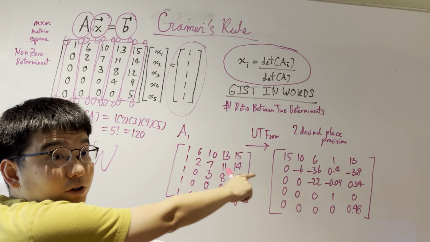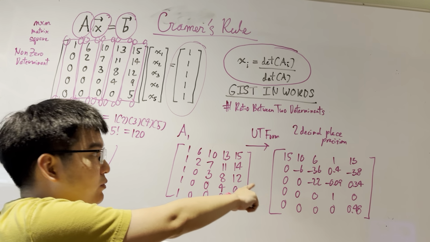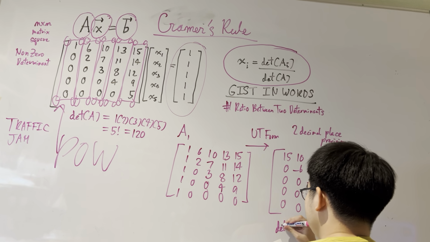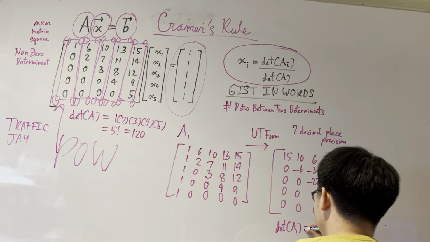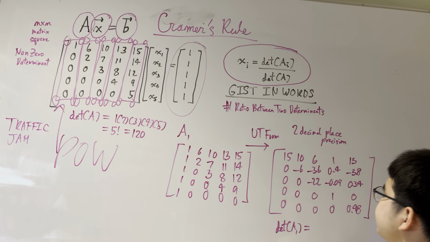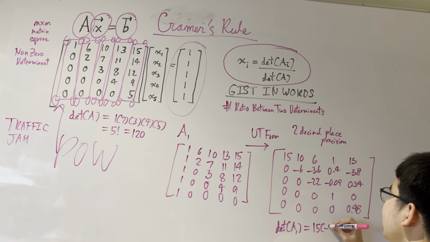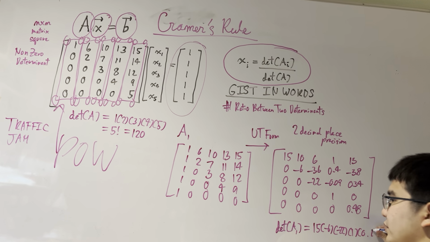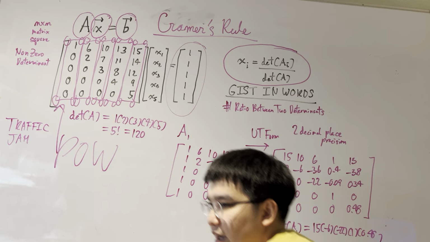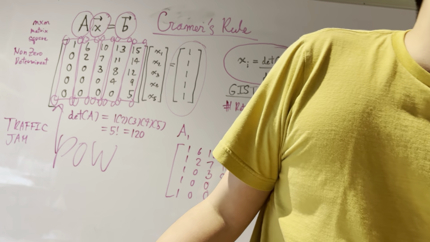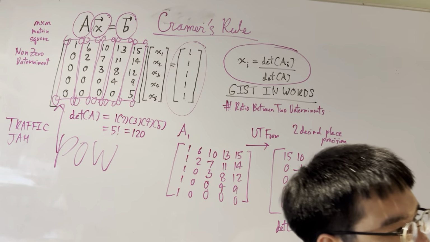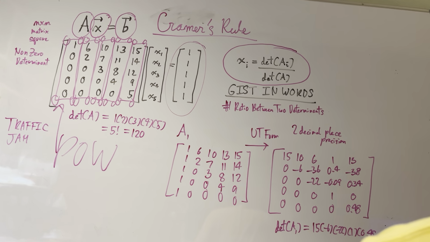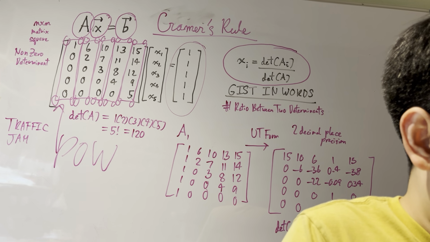And then we can find the determinant of this upper triangular matrix the same way, just by multiplying the diagonal entries. So the determinant of A1 equals 15 times negative 6 times negative 2.2 times 1 times 0.48. And now I need a calculator here. Give me a sec while I do this.